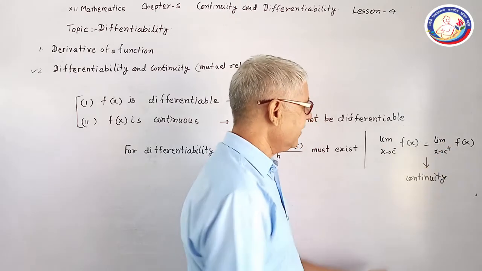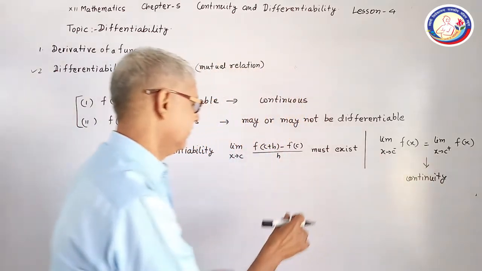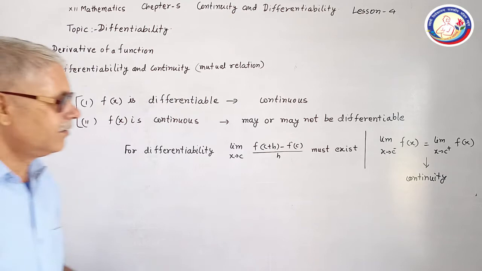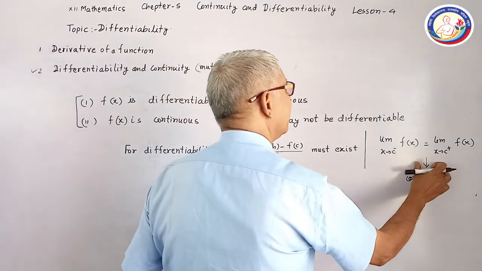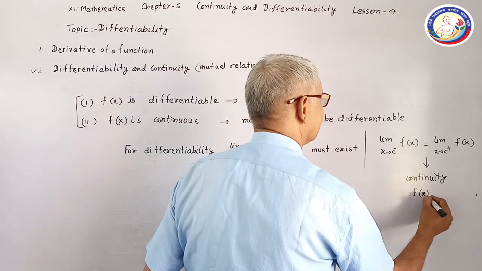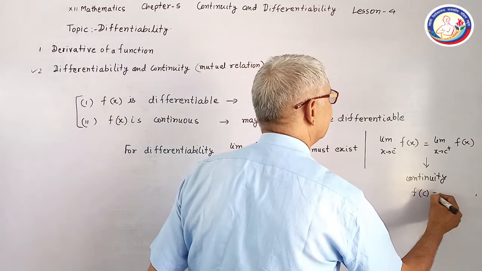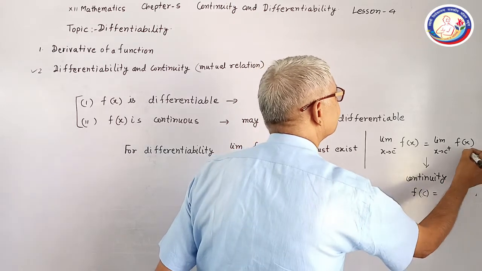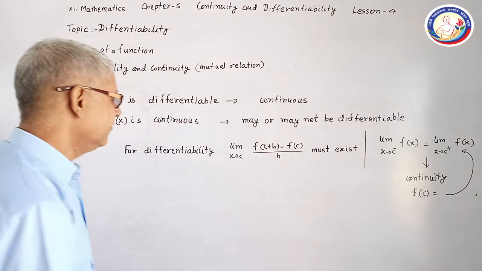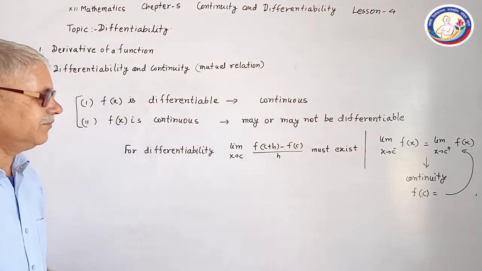I am not taking that, but this is the first need for a function to be differentiable. Now, if the limit exists and the value of the function at c is equal to this, then it is continuous.